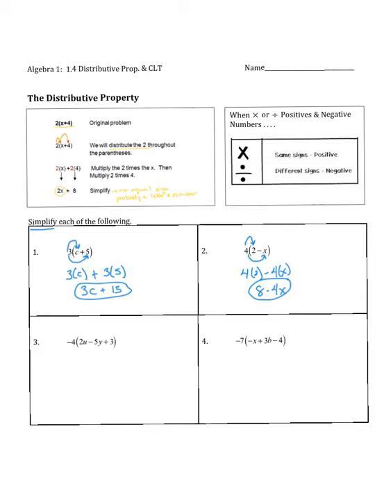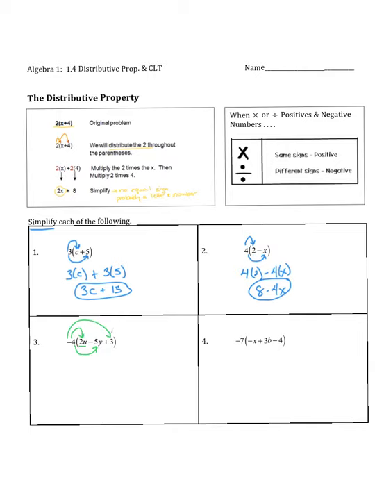Okay, now a longer one. But does a longer one mean it's more complicated? No, longer does not mean more complicated. So let's do it. I'm going to draw my lines. I'm going to show what connects. Now it's negative 4 times the 2u, not just the 2, okay? Negative 4 times 5y, and there we go.